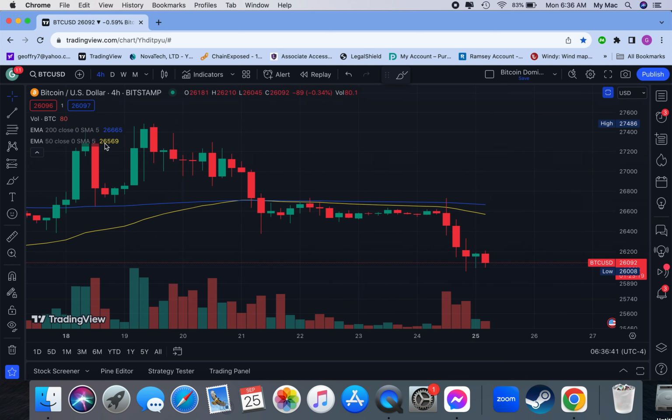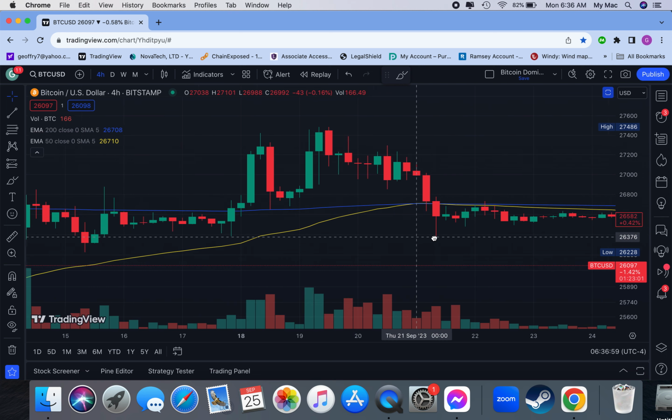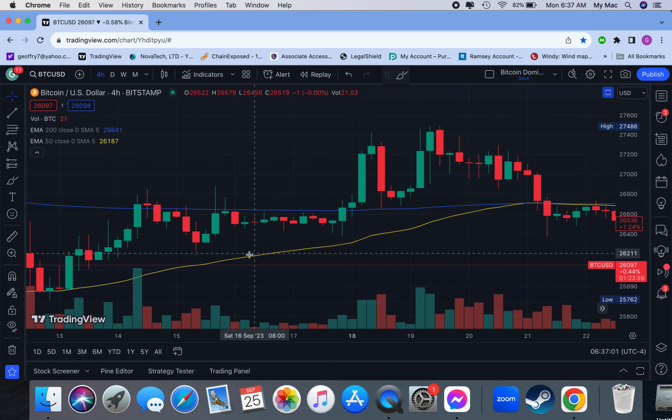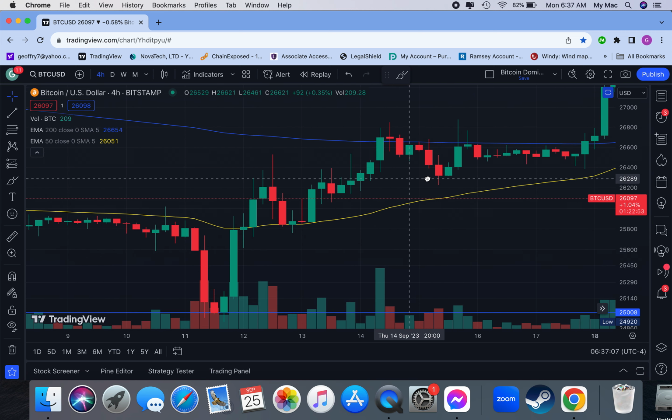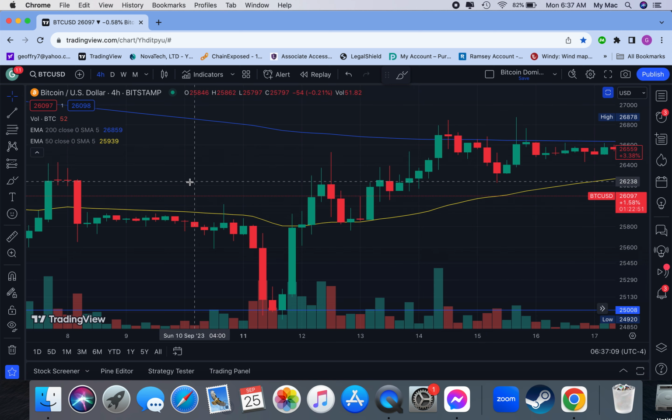So another thing you can do, when the price is below the moving averages, it typically moves averaging down, and when it's above it, it averages up. So if we scroll back here, we could probably see we're above the yellow line, so things tend to trend up, get below the yellow line, and things go down.